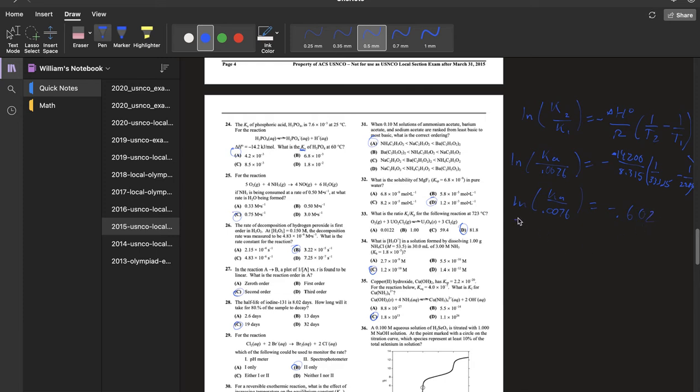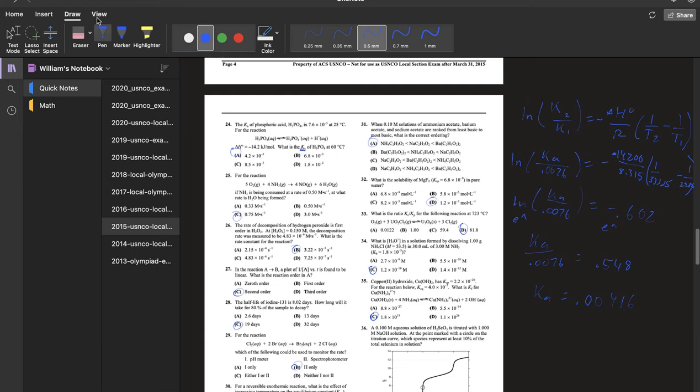So then we raise everything base e. That means Ka over this is equal to 0.548. And then if we multiply those two things, we get Ka equals 0.00416, which rounds to 4.2 times 10 to the negative third, so we choose A.